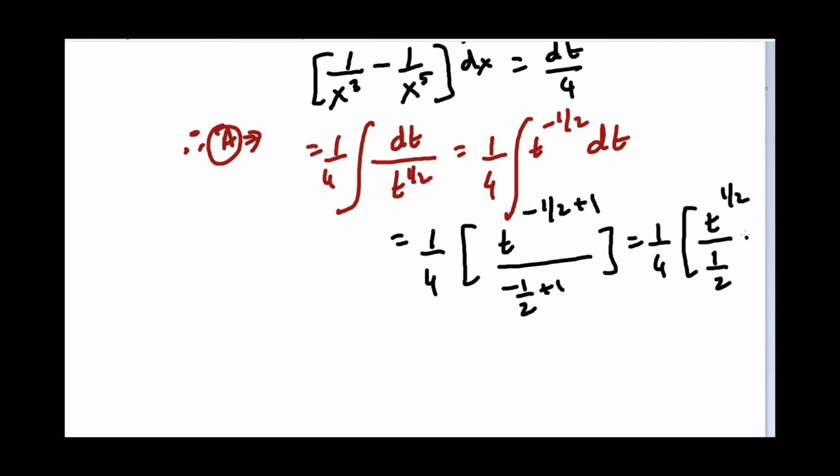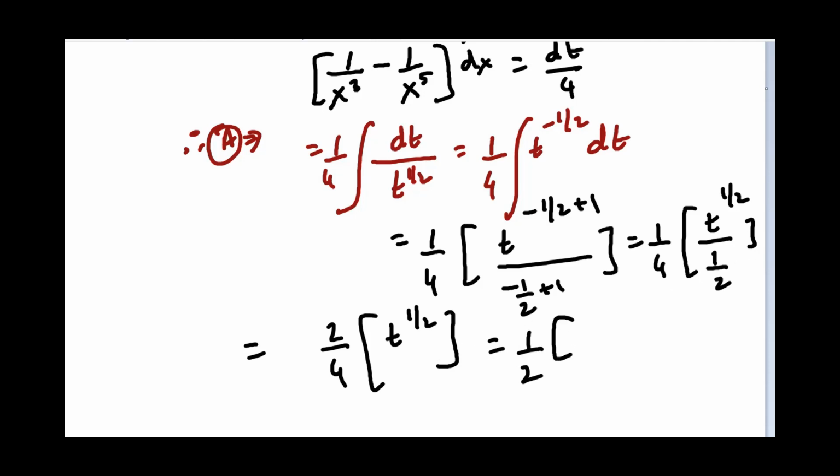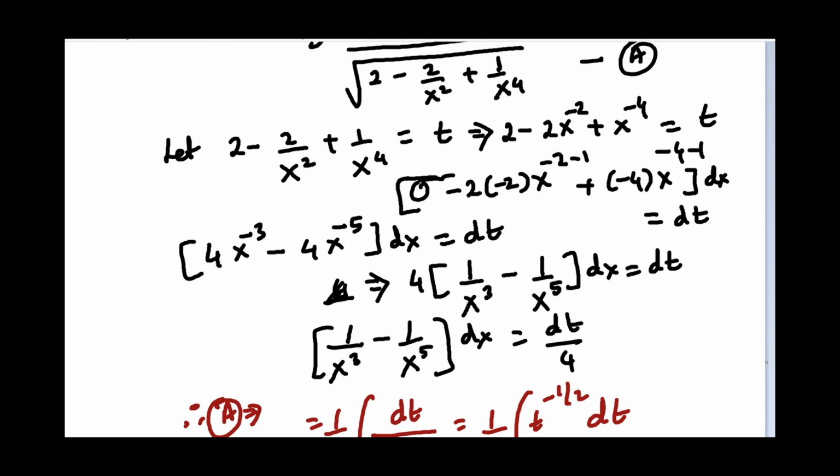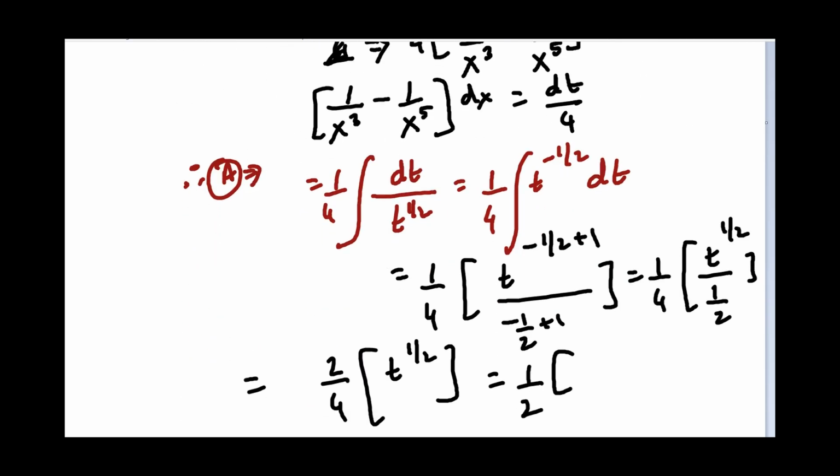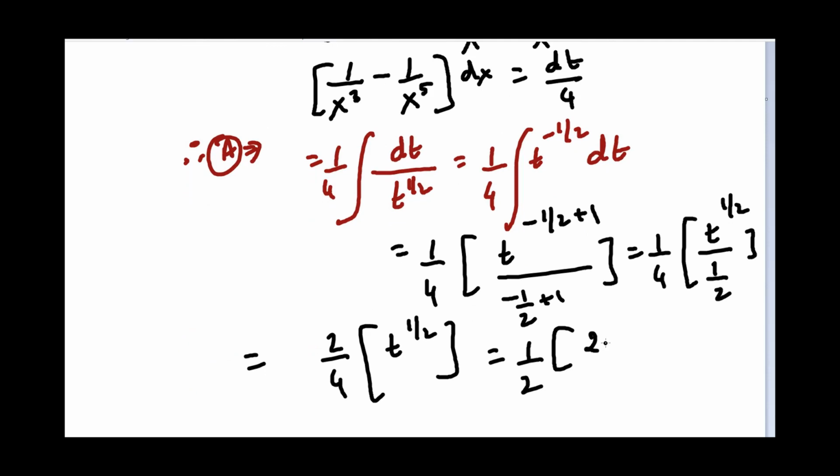You flip this, you get 2 over 4 times t raised to the power of 1 over 2, which is equal to 1 over 2 times the square root of t. But what is my t? My t is this quantity, 2 minus 2 over x squared plus 1 over x to the power of 4, raised to the power of 1 over 2.